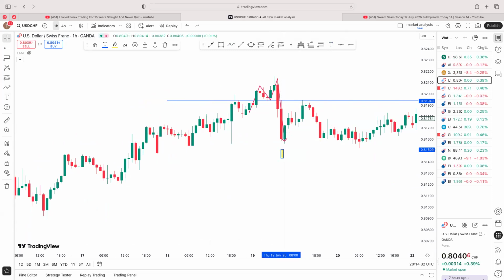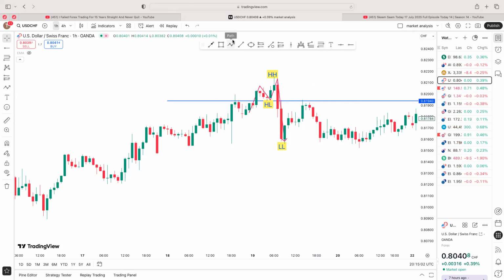Follow. And I turn back to the high. This is a higher high. Then this is a higher low. Follow this.